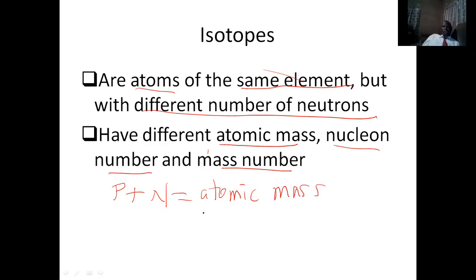The atomic mass is also known as the nucleon number. Also, it is known as the mass number.